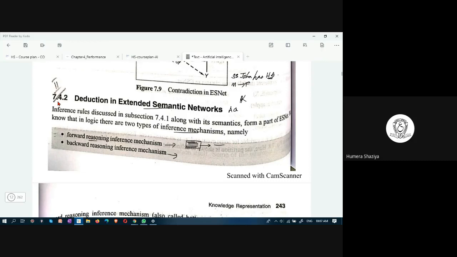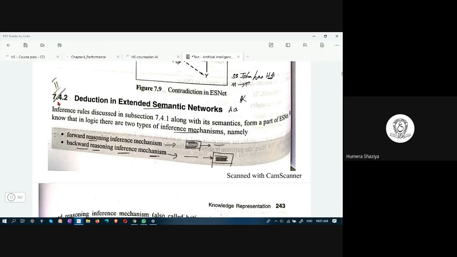Backward chaining, backward reasoning inference mechanism. When it is backward reasoning inference mechanism, there is a statement given. This statement has to be either accepted or rejected based on the knowledge base.